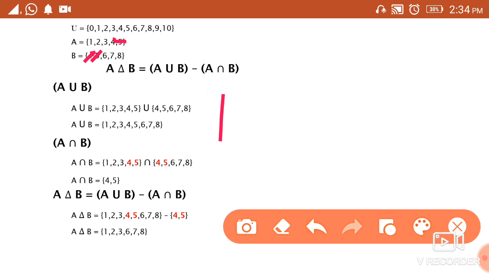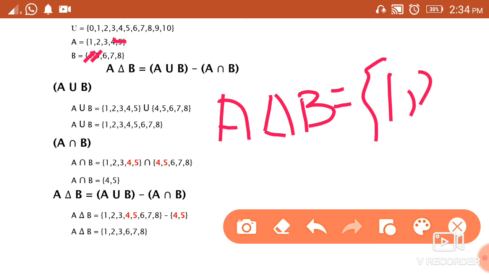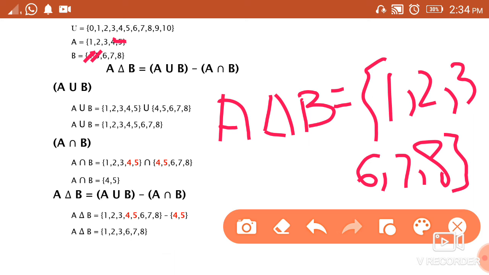So A delta B will directly be 1, 2, and 3 from the first set, 6, 7, and 8 from the second set. Here we can see that both the methods give us the same answer. Either we use the formula or we find it directly, we will get the same result.